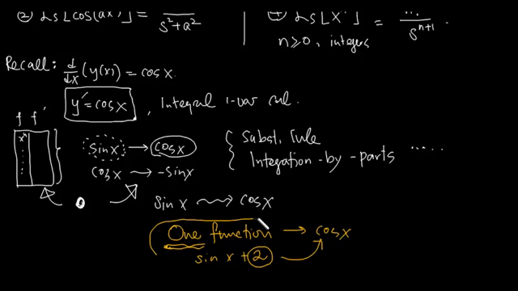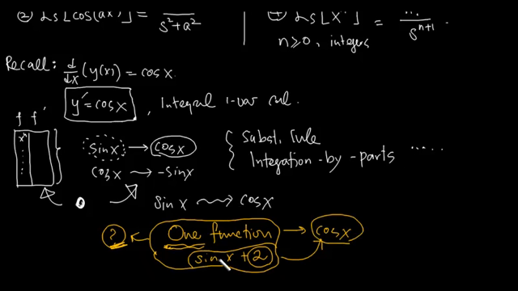But this explanation does not answer the following question. What if there are more functions out there that are not in this form we just described? Is it possible that in the whole world of functions, there are functions out there we haven't discovered, whose derivative is really cosine x, but are not in this form?